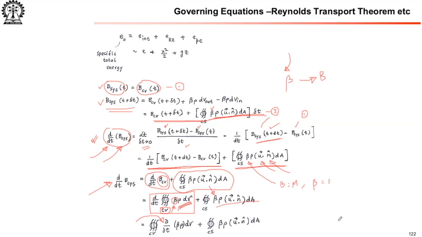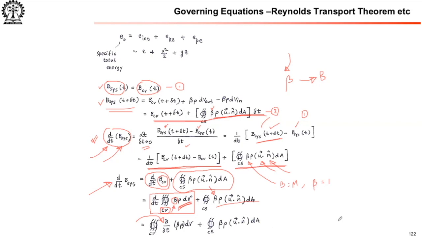But in whatever we are doing, we are going to assume a fixed control volume with a fixed geometric definition, and hence you can bring the d by dt inside without any further manipulations. In fact, I think this is the precise statement of Reynolds transport theorem. That is, you can bring the d by dt inside. However, this whole method has been labeled as Reynolds transport theorem in fluid mechanics.